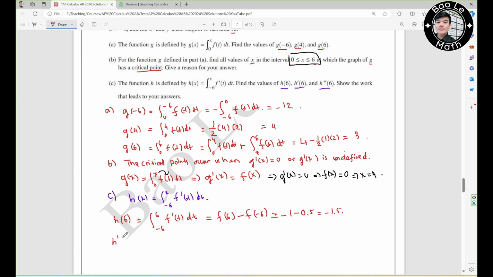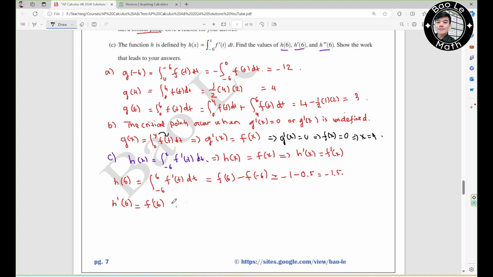Next one, h prime of 6. From this one, we have h of s equals the integral, so h prime of s equals f prime of s. Now h prime of 6 equals f prime of 6. f prime of 6 is the slope of the tangent line of f of s at s equals 6.